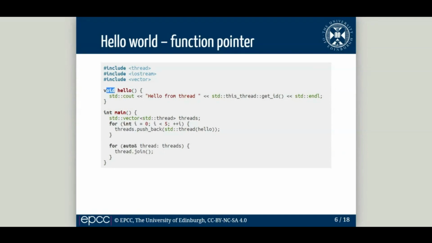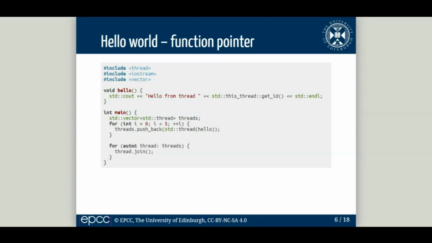You see that the function return type is void, because when we create a thread, we don't get a return value. So we just execute the thread and that's it. And at the end, before finishing, because if you finish main without waiting for the threads to finish, you may interrupt the execution of the thread.